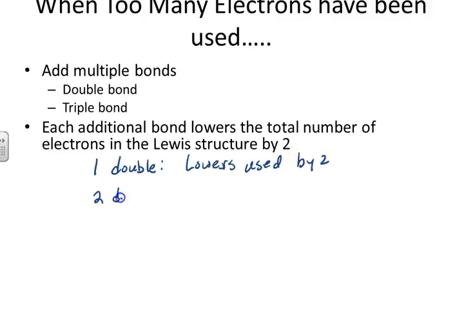Two doubles, or one triple, lowers by 4. So when you draw the molecule with single bonds, check to see how many electrons you have used. At that point, you can make a decision about how many multiple bonds you want to put in to lower your number by the amount that you need to lower it by. And also, you have to make the decision of where to put them.